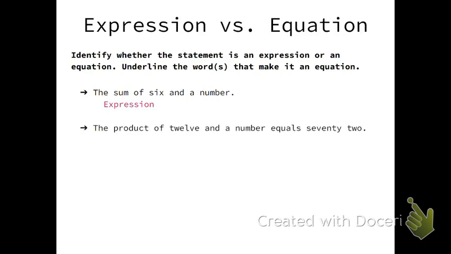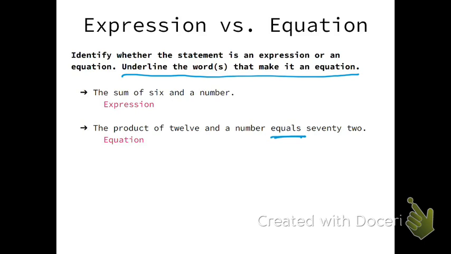Next up we have the product of 12 and a number equals 72. This one is an equation. And the way that we know it is an equation is because it has the word equals in it. So we are to underline the words that make it an equation. And we know that one's an equation because it has equals in it. That's kind of our key word there.